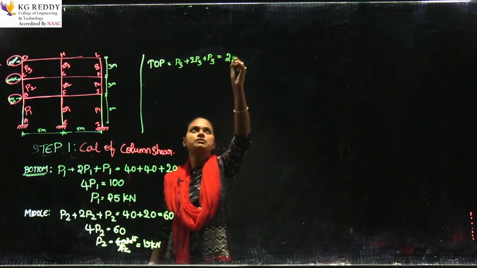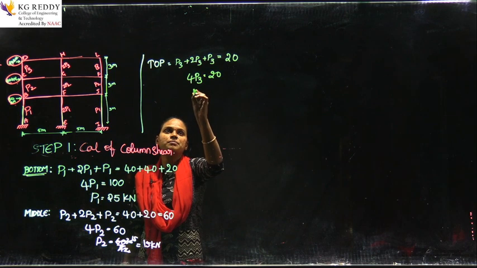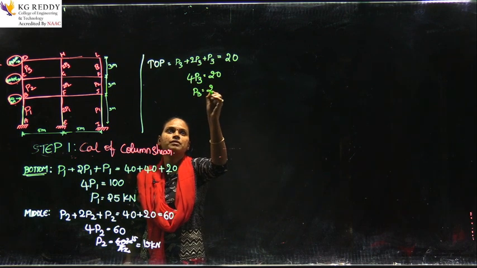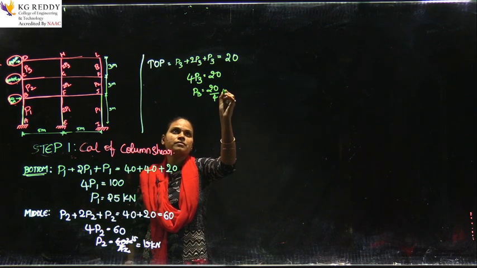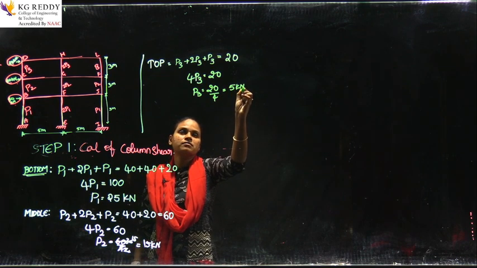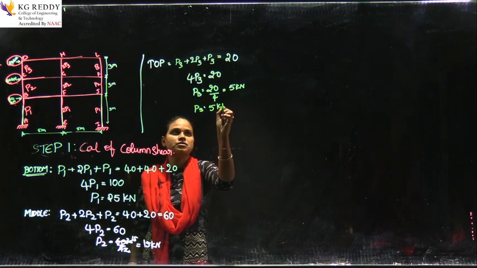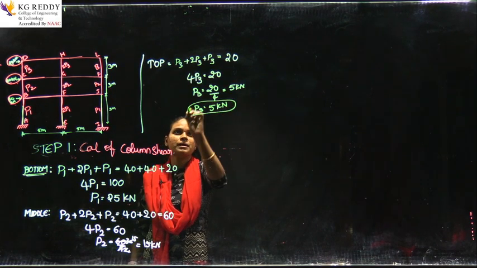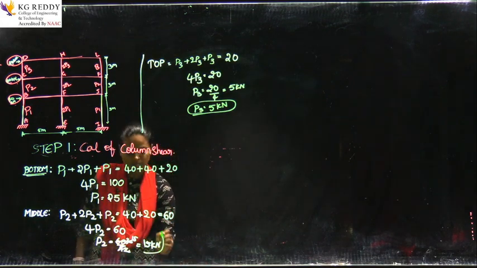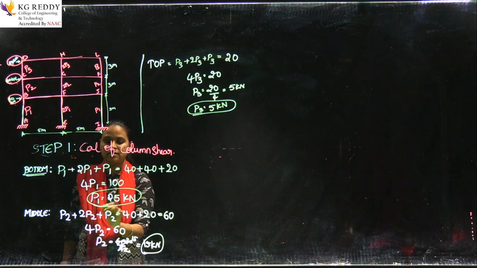So 4P3 equals 20, and P3 equals 20 by 4, which is 5 kilonewton. So here we got the values of P3, P2 and P1.